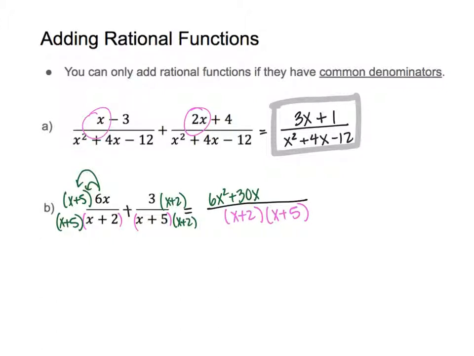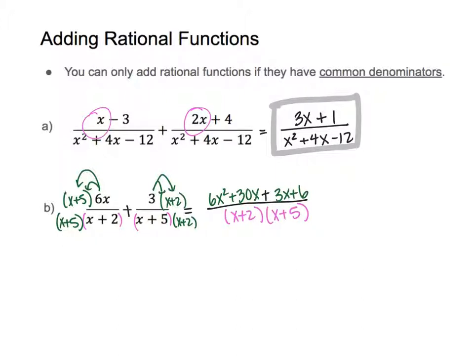So there's a 3 in front of this parenthesis, so I'm going to distribute that in. 3 times x is, oh wait, hang on, I forgot to bring my plus sign over. So there's a plus sign, plus sign. So if I multiply the 3, I get 3x. And 3 times 2 gives me 6.